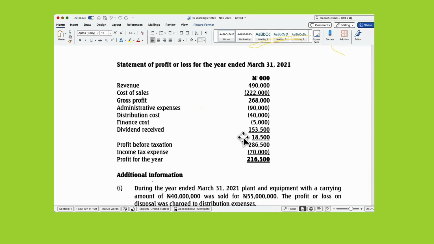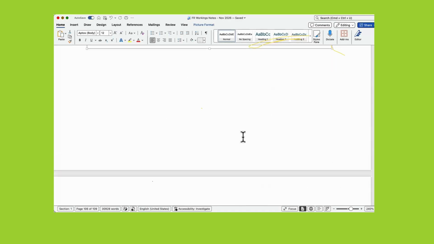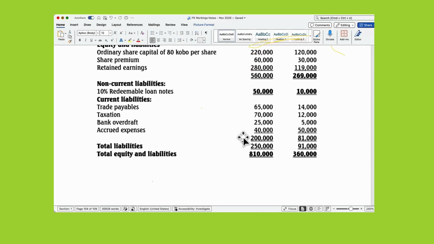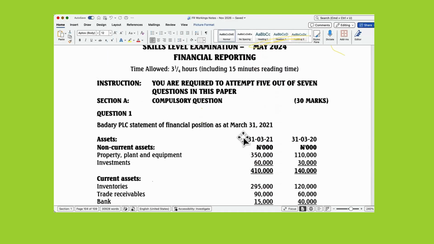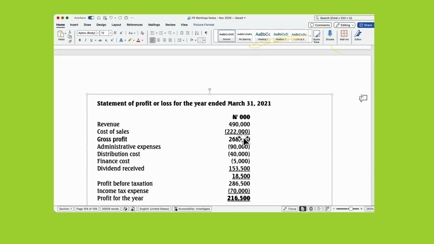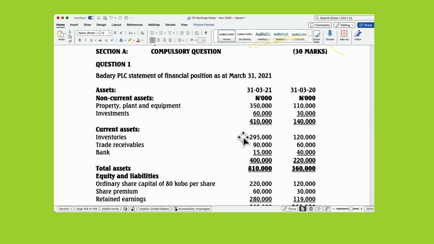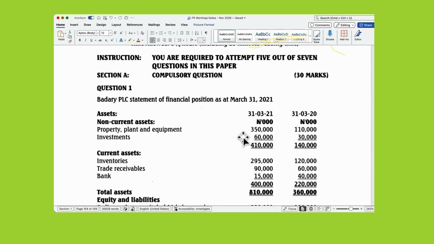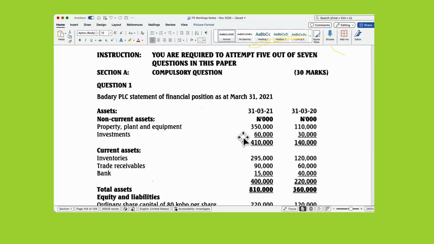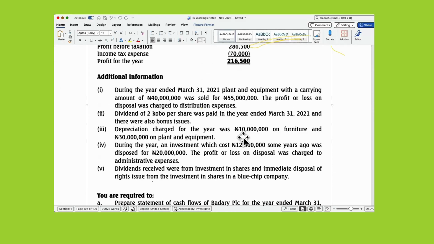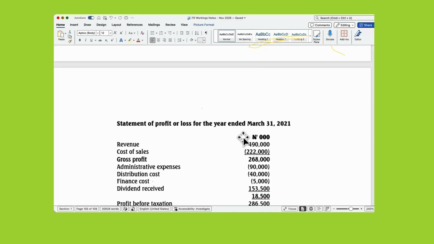So let's deal with this question. What is it talking about? How come the question is appearing twice? So they gave me the statement of financial position. Typically, they will give us 2 years, which they have also given us. They will give us P&L and they will tell us what to do.